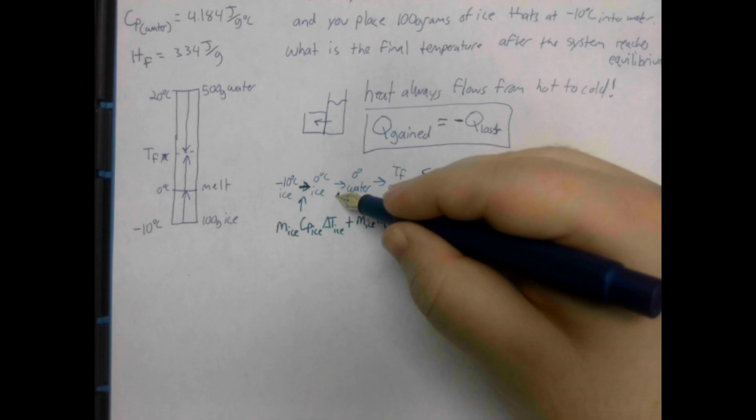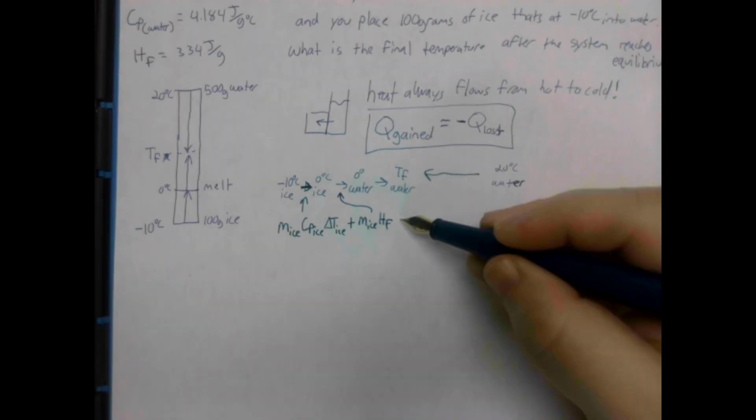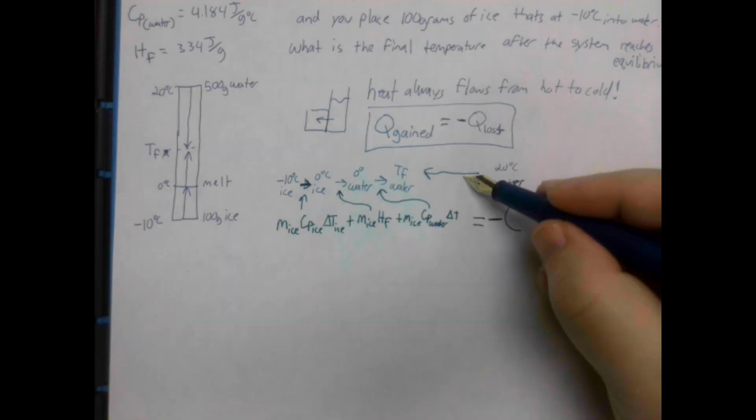And then we're going to do mass of the ice times Cp of water, because the ice is melted, times the new change in temperature, and this corresponds to this arrow. And this is going to equal the negative of this arrow, which would be the mass of the water times the Cp of water times the change in temperature.